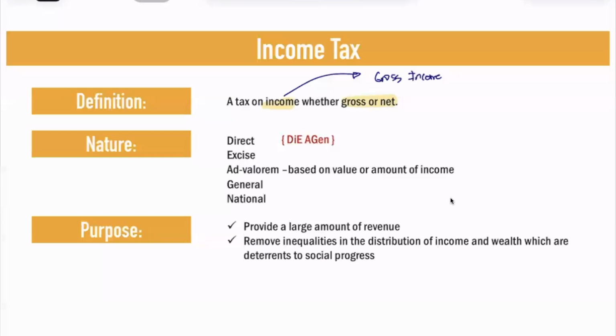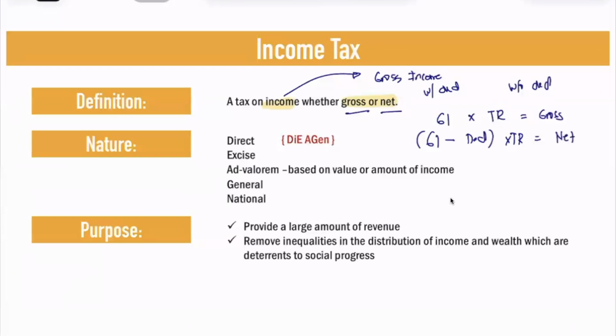This gross income can be with deduction or without deduction. If it is purely gross income multiplied by a tax rate, that is taxable at gross. If it is gross income less any deduction multiplied by your tax rate, that is known as net income.